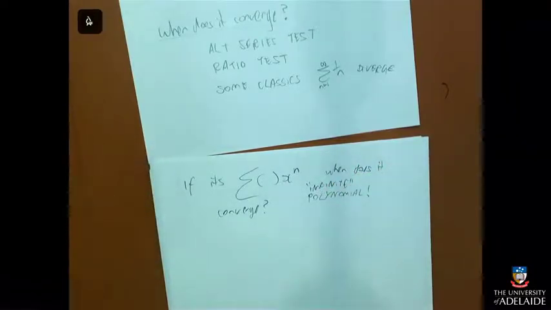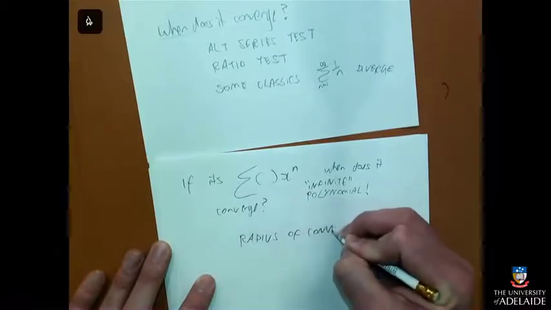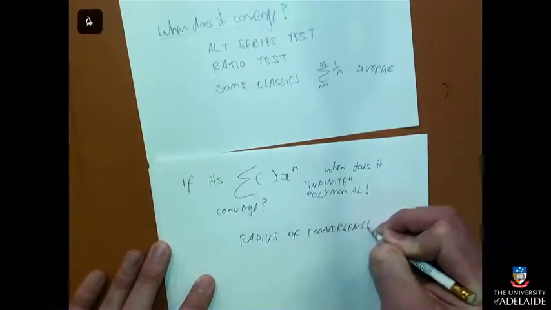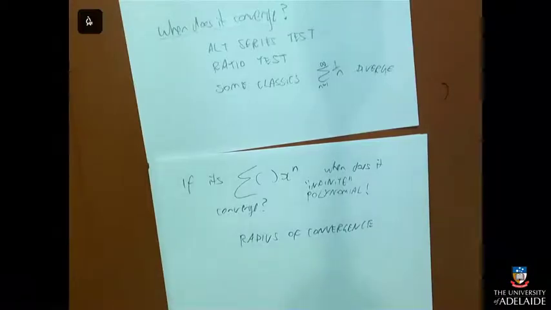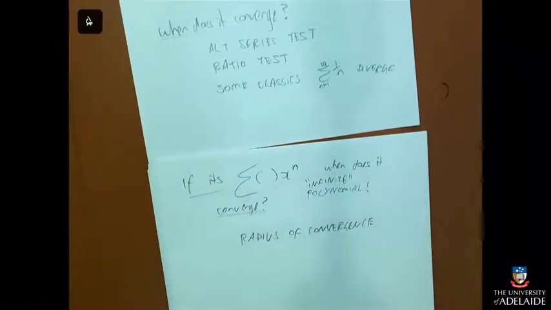Well, that's the whole point of the radius of convergence. It tells me when that converges, depending on the value of x. That's the question the radius of convergence answers: when does it converge? I find a useful way of organising this part of the course is to ask what question each of these bits answers.